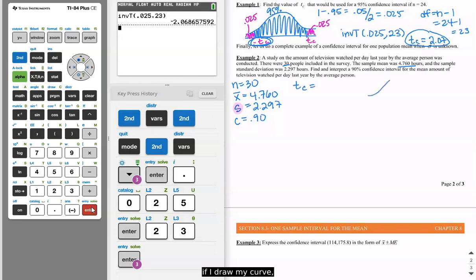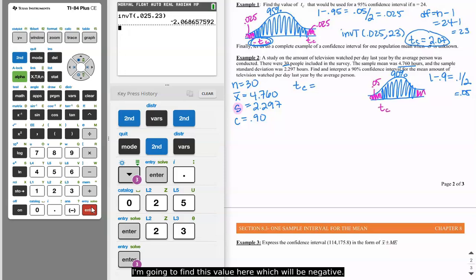If I draw my curve, this is 90%. So 1 minus 0.9 is 0.1, divided by 2, so 0.05 is what my little tails are. I'm going to find this value here, which will be negative, but when I write it, I will just write it as positive.